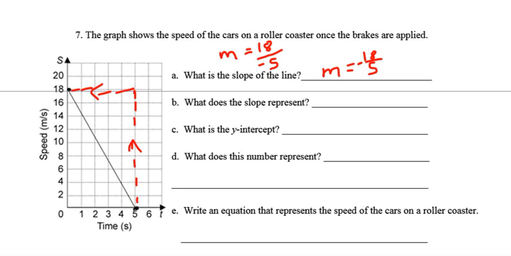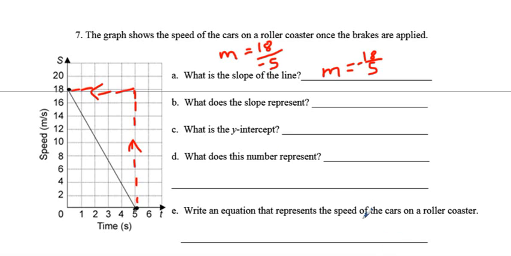It doesn't really matter whether it's attached to the 18, whether it's attached to the 5, or whether it's straight out in front of the fraction, but it can't be in the top and the bottom, because a negative divided by a negative is a positive. All right, so what does the slope represent?